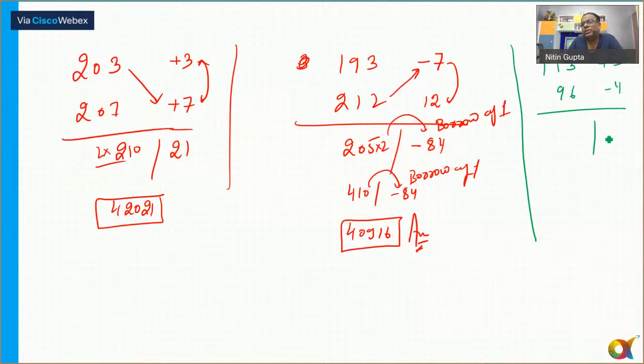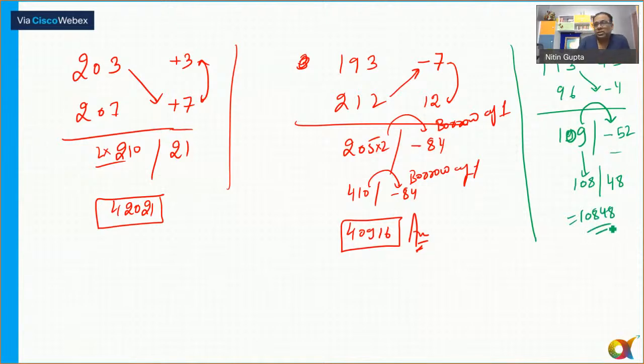So 13 into 4 is minus 52. 113 minus 4 is 109. Again, I need to take a borrow here. If you take a borrow of 1, it will be 100 minus 52, and 100 minus 52 is 48. And this 109, since I have already taken a borrow of 1, will become 108.